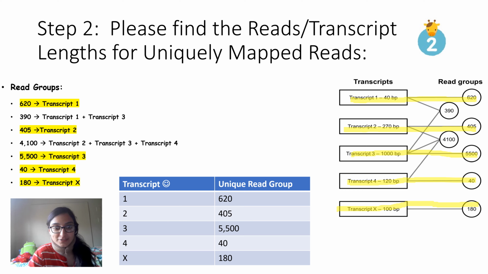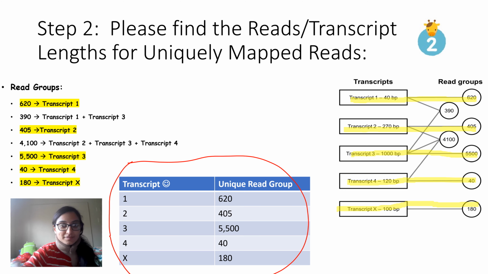We just created a table based off of this. That's what this is, all of the unique read groups for each transcript, which is very important for the RNA sequence rescue algorithm.